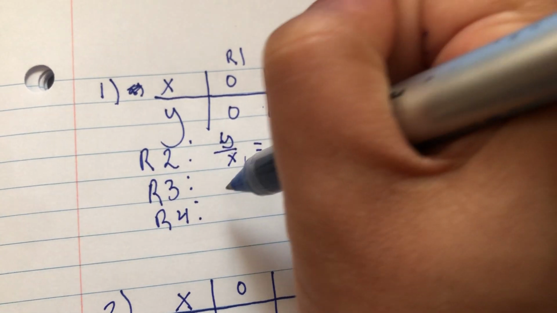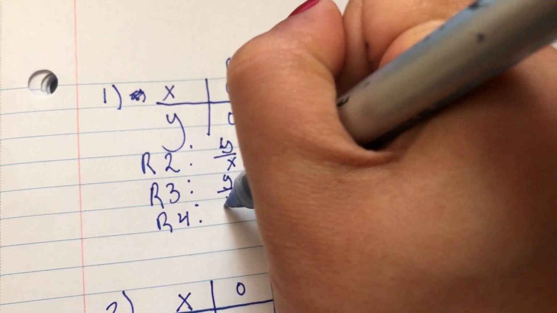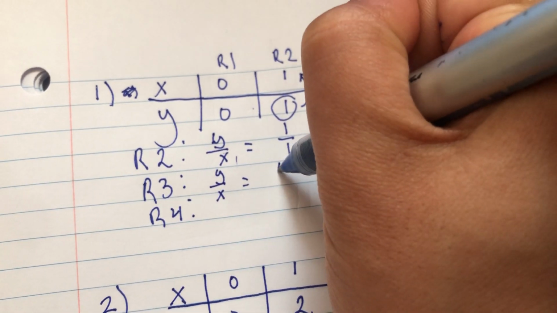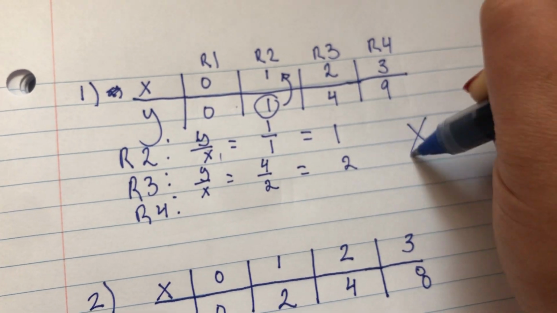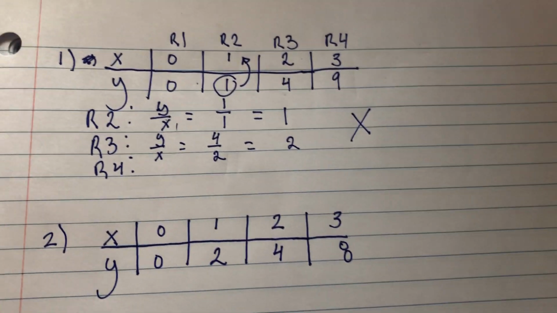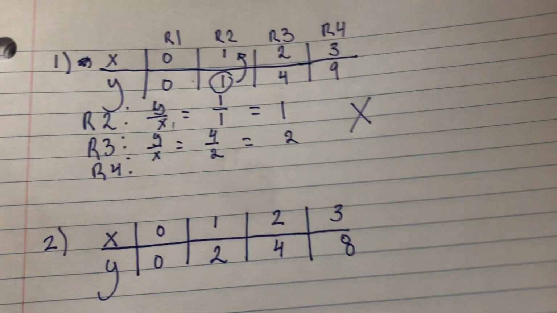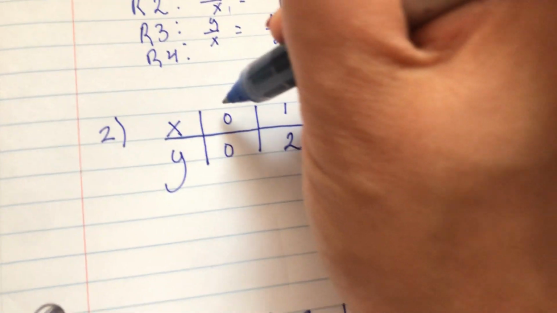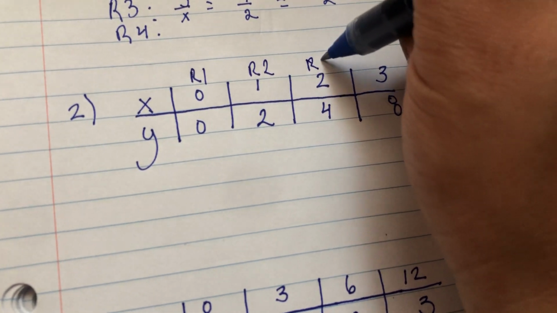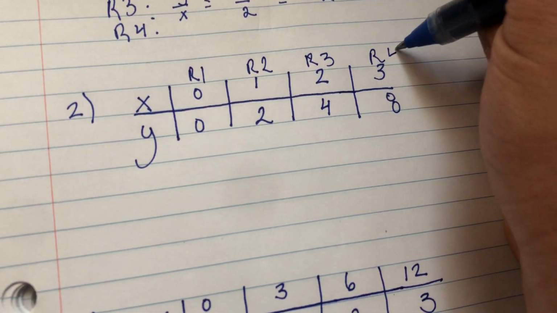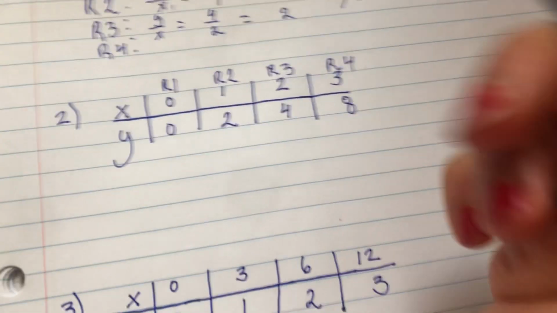Ratio 3, we have y over x, which is 4 over 2, which is 2. So I already know that this is not proportional, so I'm moving on. Now you're going to do this for each table, which is why I didn't put that many problems on there, because this is pretty time consuming.